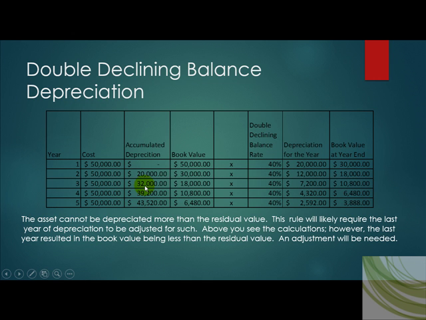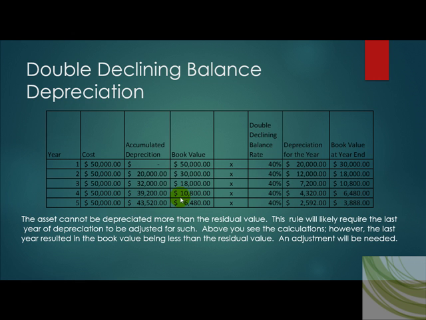In the third year, we now have accumulated depreciation of $32,000. The book value is $18,000. We multiply by 40%, and the third year depreciation is $7,200. And at the end of the third year, the book value is $10,800. In the fourth year, we've accumulated depreciation of $39,200.